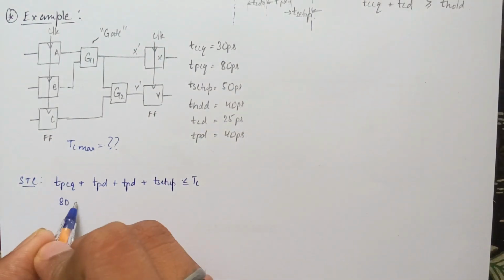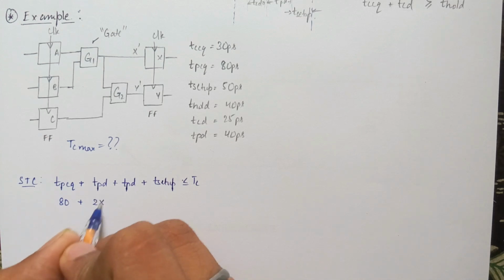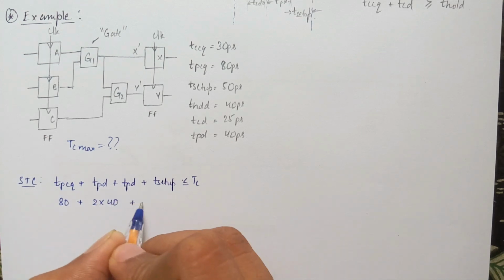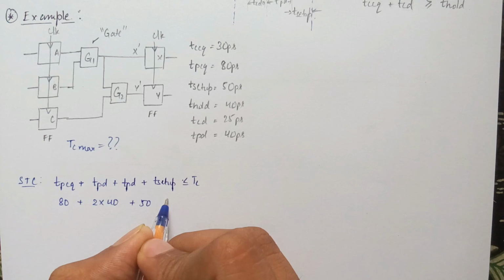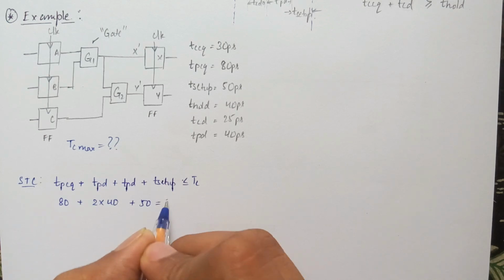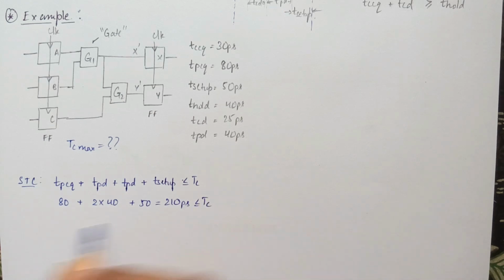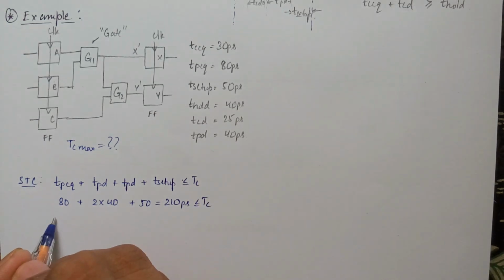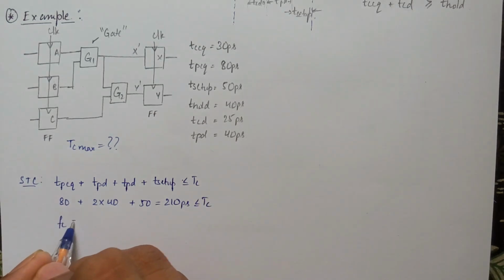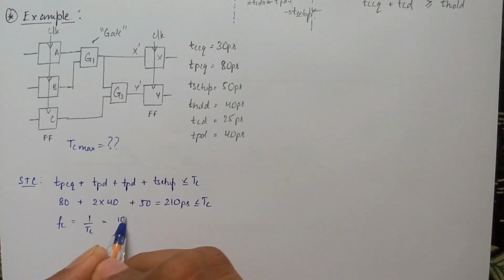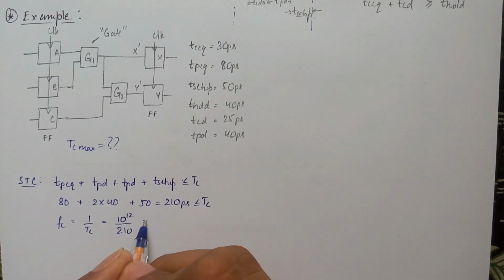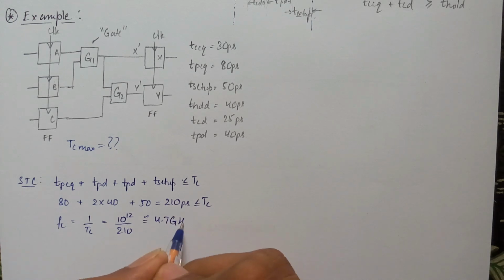Therefore, 80 plus 2 times 40 plus 50 gives Tc equal to 210 picoseconds. So the maximum clock frequency is 1 upon Tc, which is 10 to the power 12 upon 210, roughly equal to 4.7 gigahertz.